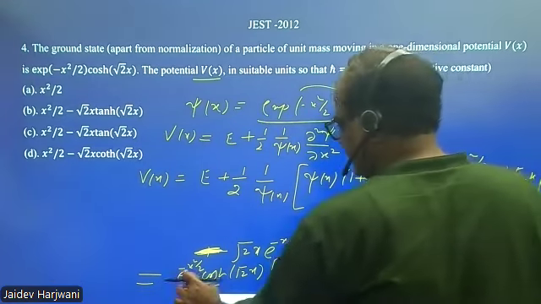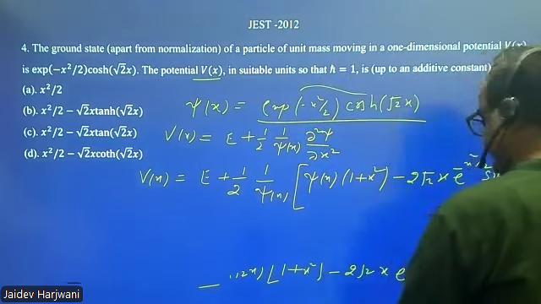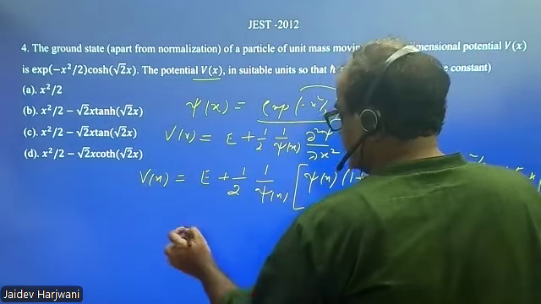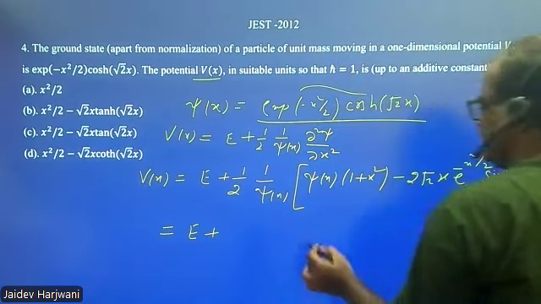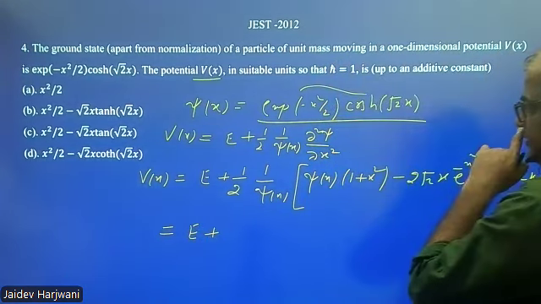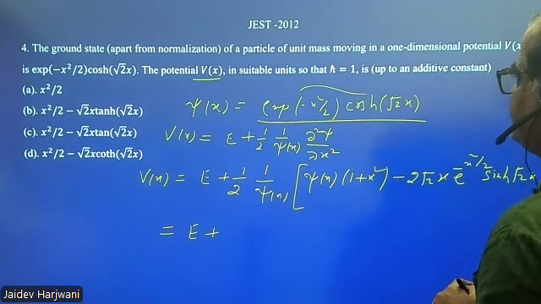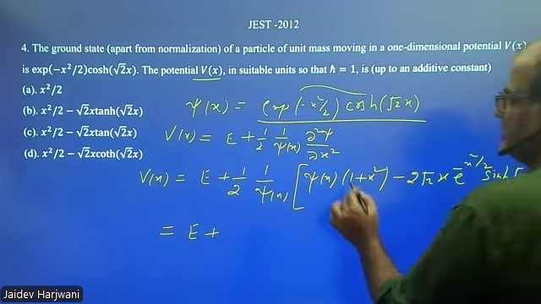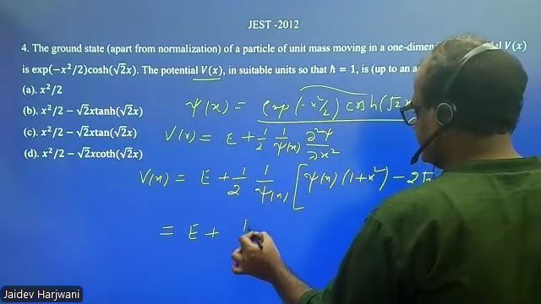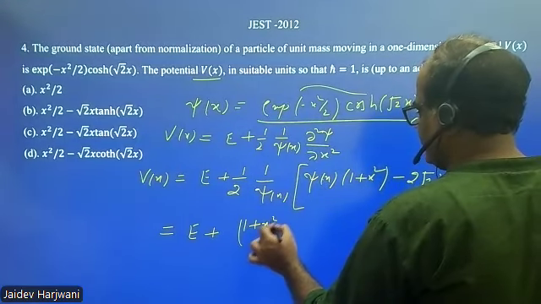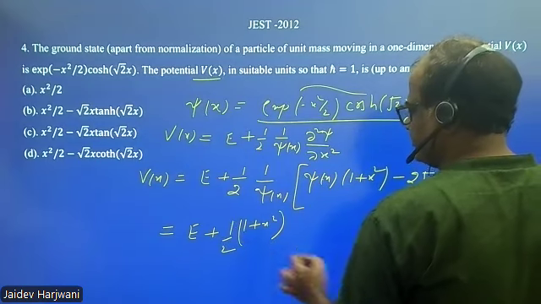Now you just have to simplify one more step. So this is E plus half. This psi x will be cancelled. So you will have 1 plus x square, and then you will have 1 by 2.